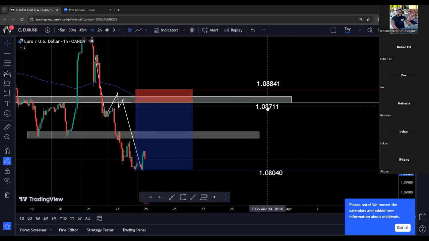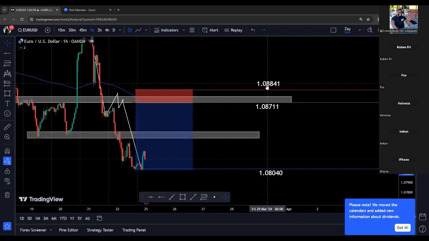Entry price 1.08711. Stop loss 1.08841. Can somebody subtract? Even if you get confused, with regular math you can't subtract the bigger number from the smaller one or you'll get a negative number.